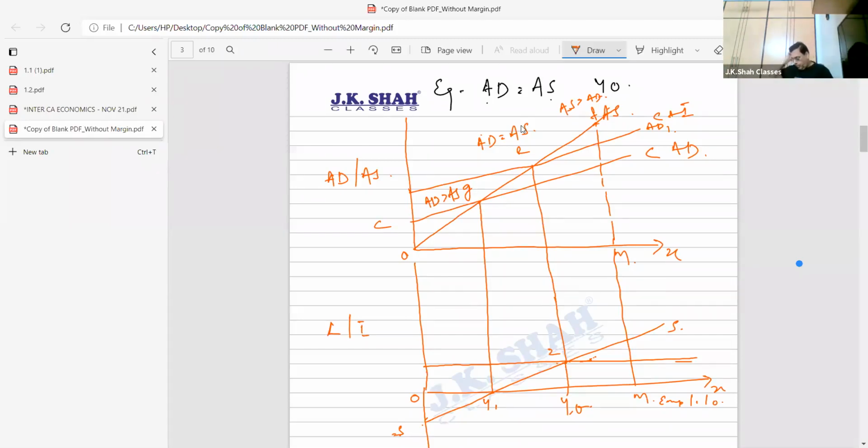The two sectors of an economy represent the household and the firms.